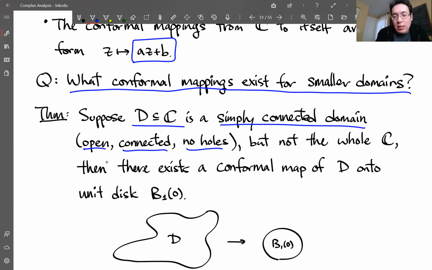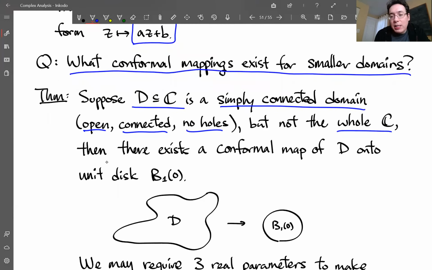But not the whole complex plane. Then there exists a conformal map from that domain to the unit disk. So it really doesn't matter. There's not much restriction to this domain D, just no holes, and it doesn't take up the whole plane. Then that maps to the unit disk.